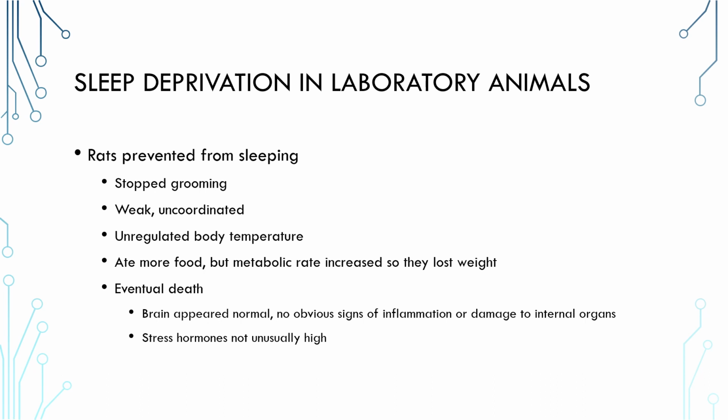So their brain looked structurally normal, organs looked normal, stress hormones looked normal, yet the behavior before the rat finally expired was not normal. They had all of these things that they stopped doing or were no longer able to do, and then they eventually died from sleep deprivation, yet the internal structures, in large part, looked normal.